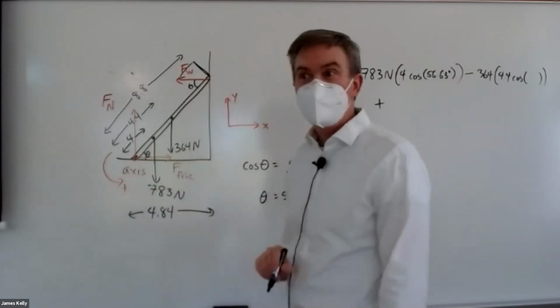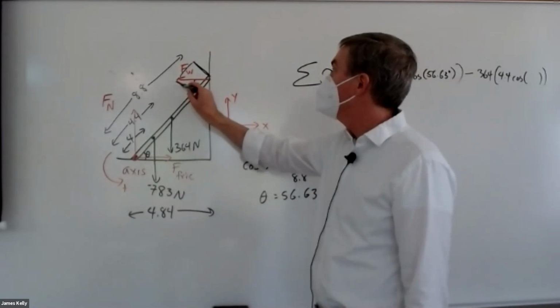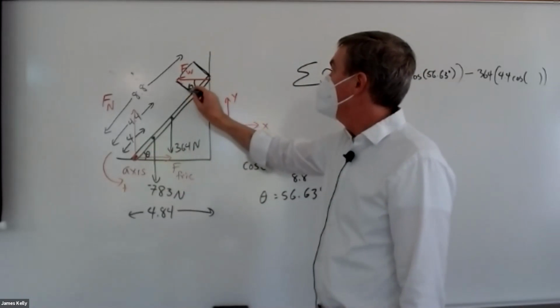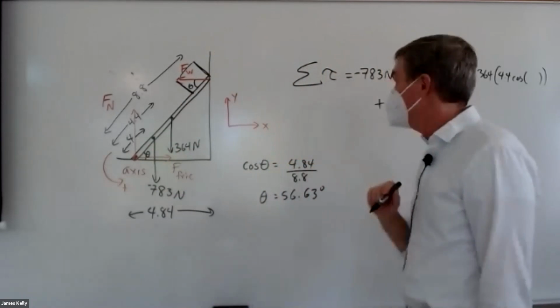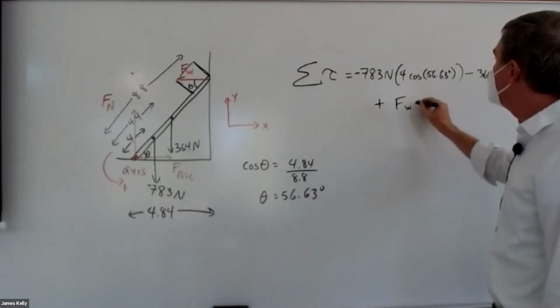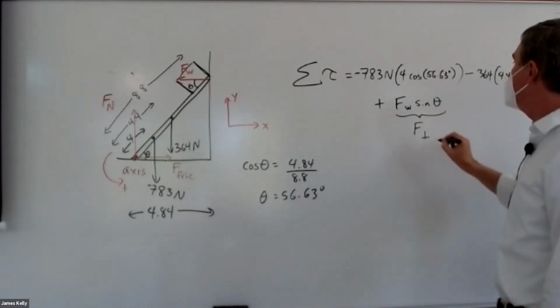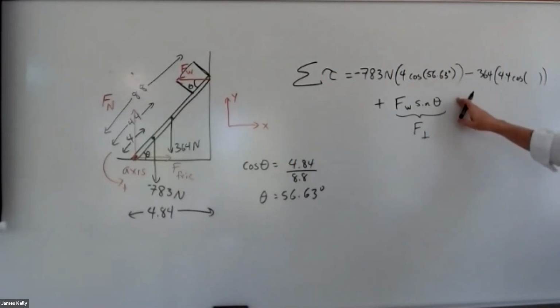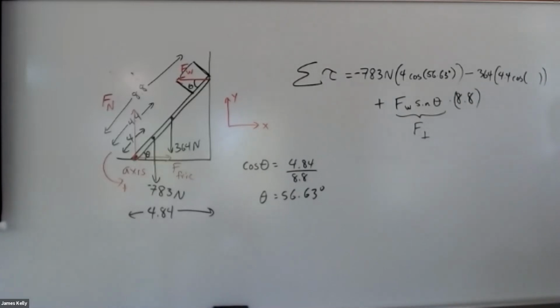If I want the perpendicular component of that force, that would be F wall times the sine of theta, it looks like. Okay, F wall times the sine of theta, that's my F perpendicular, times the full R, if I'm doing it this way, times 8.8. And it's coming in with a plus sign.